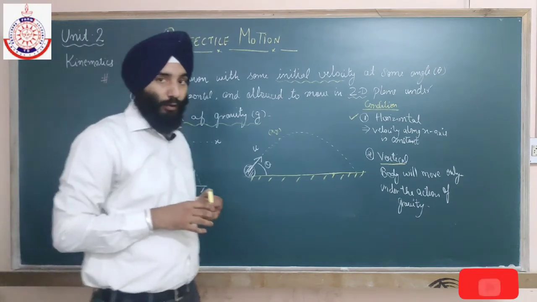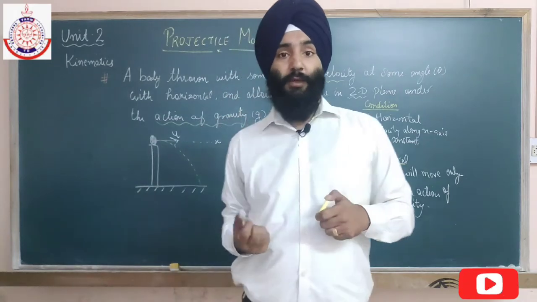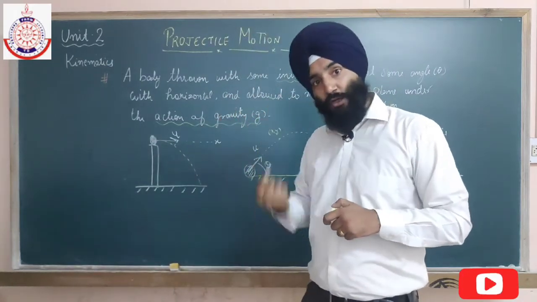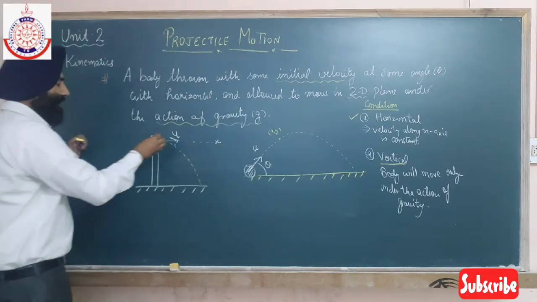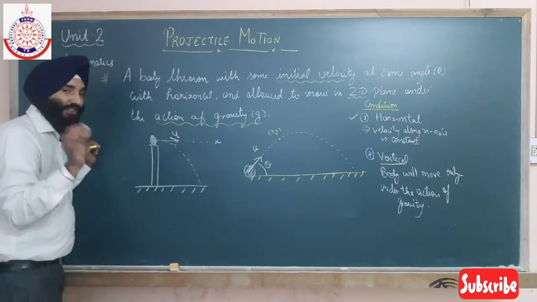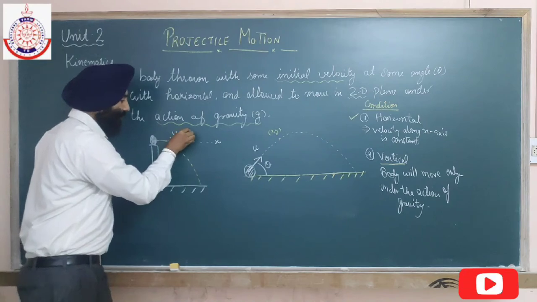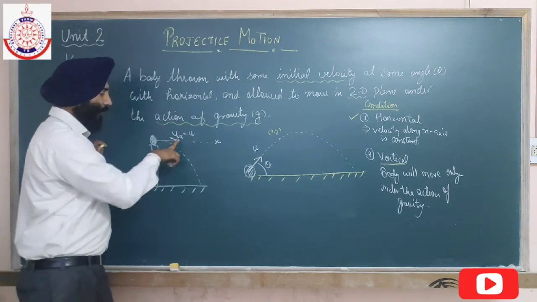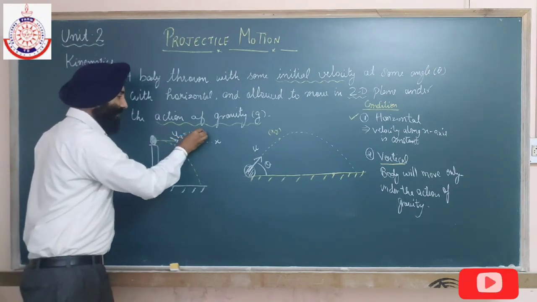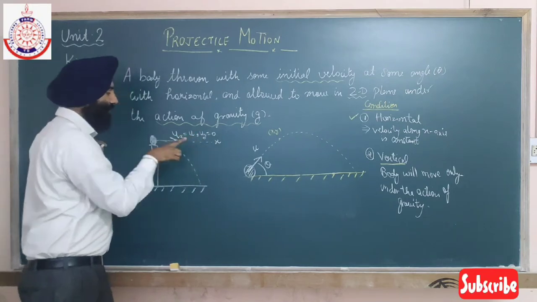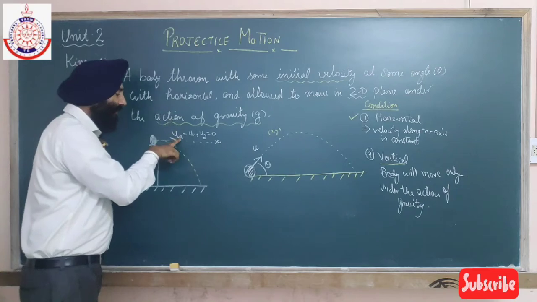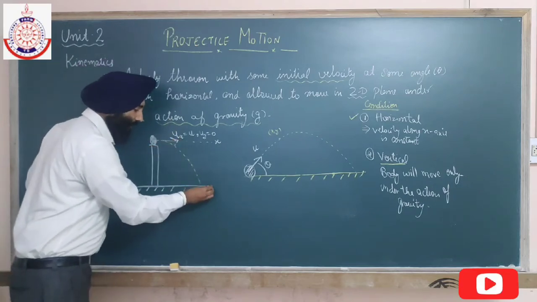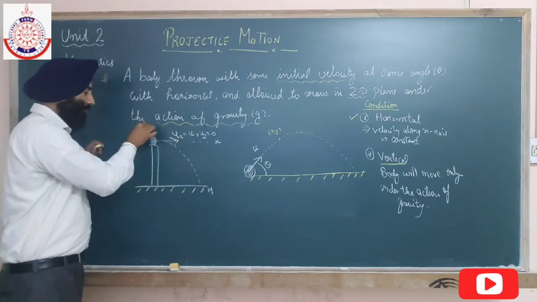How will it fall? Under the effect of gravity, because gravity attracts every object downward. So the initial velocity is u along the x-axis, and the initial velocity along the y-axis is 0. It means initially I give velocity only in the x direction, only along the horizontal, not along the vertical.